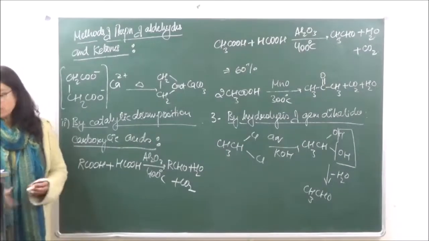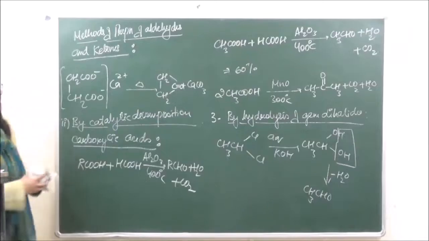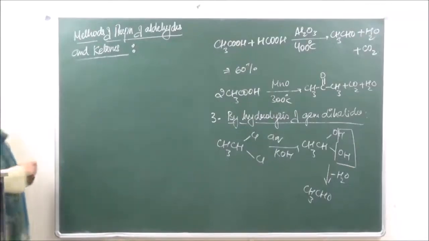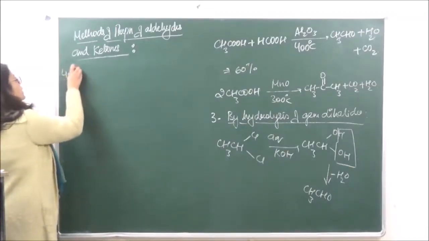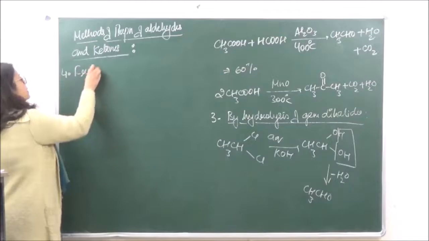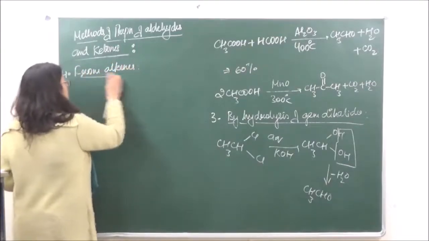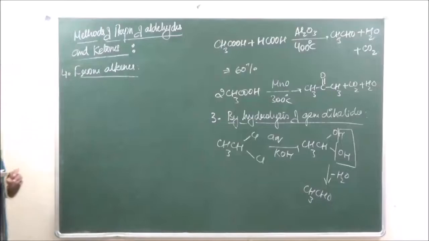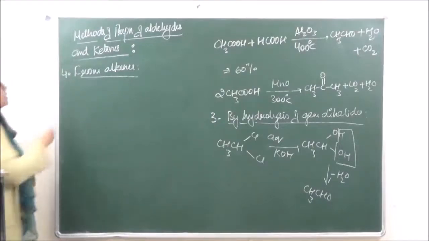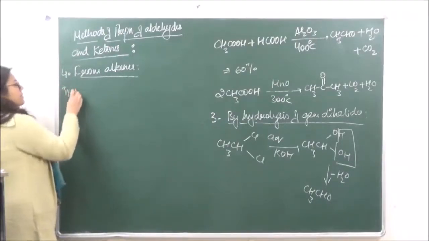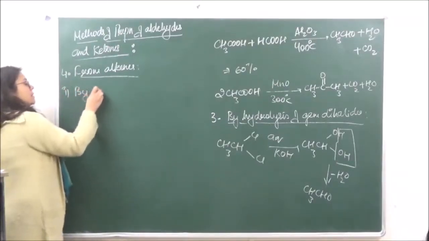Then the next method of preparation is from alkenes. Fourth method of preparation which we are going to do, that is from alkenes. Now over here, the first method is by ozonolysis.